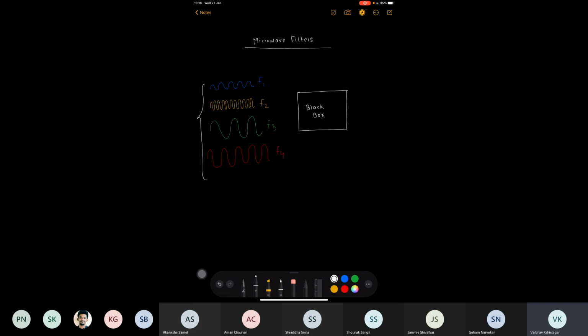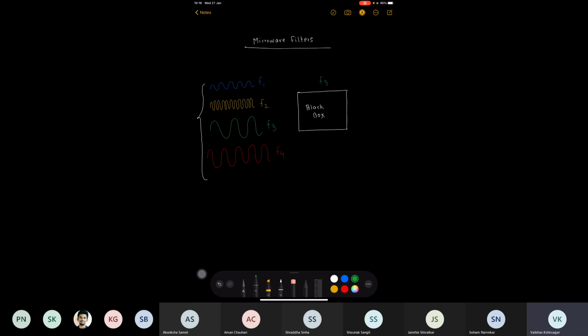So F1, F2, F3, and F4 are signals that differ in their frequency components, and out of these I want to select a particular one. Let us say I am interested in filtering out only the signal having frequency f3.